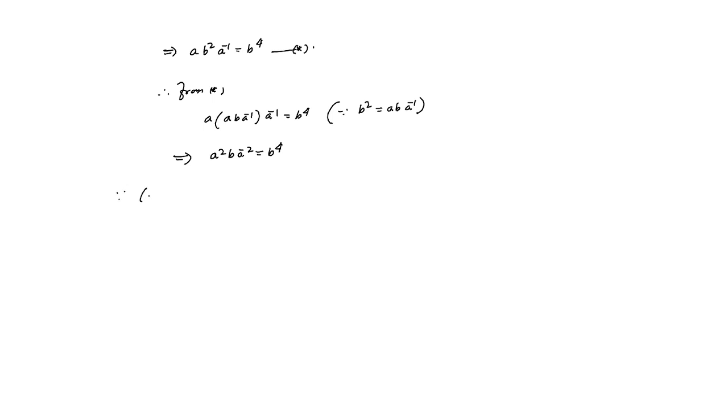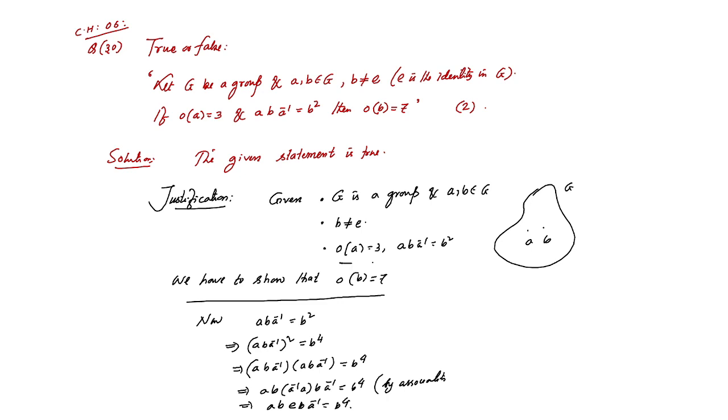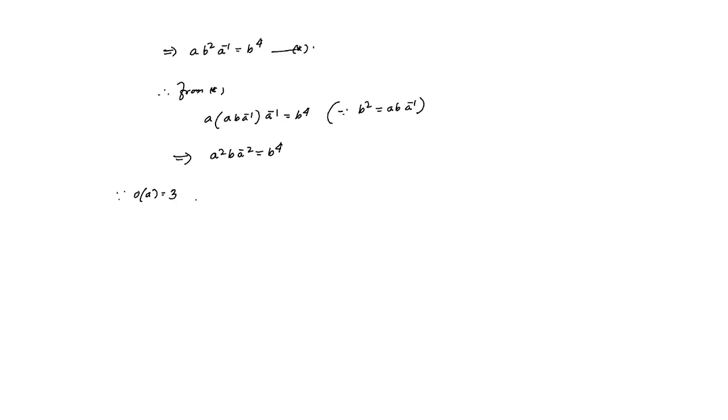Now since it is given order of A equals 3, we can write A cube equals identity, and that means A square equals A to the power minus 1, and hence we put this as double star, and this as triple star.